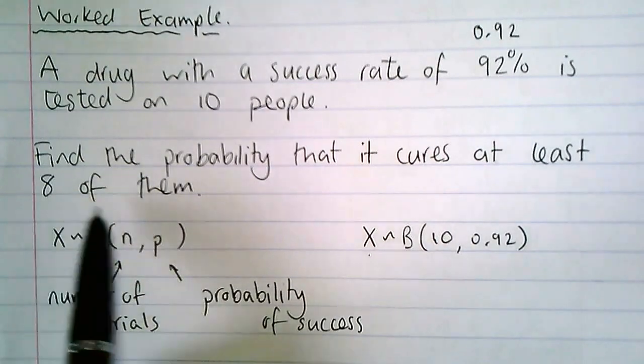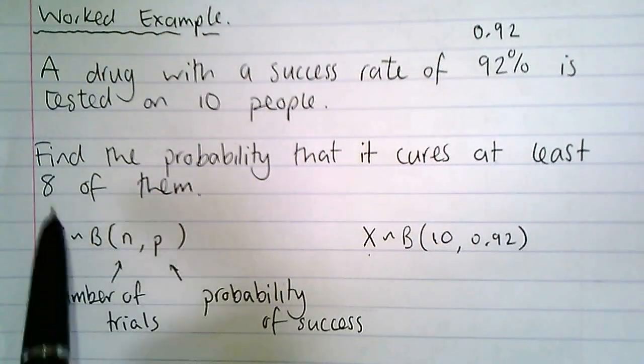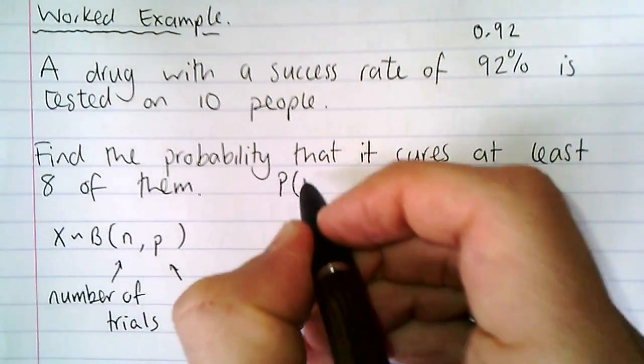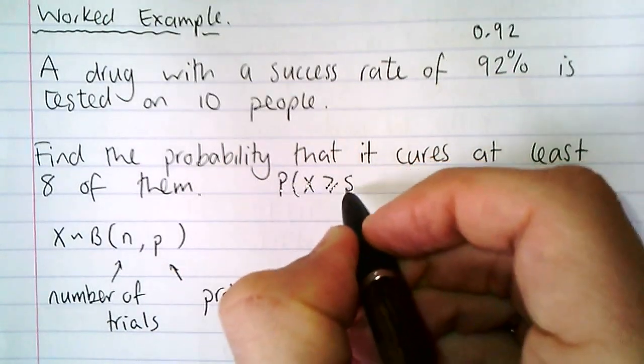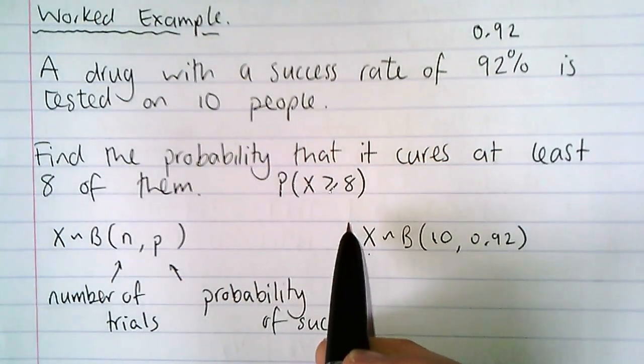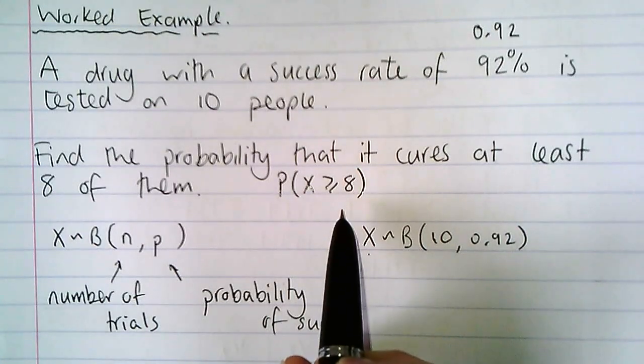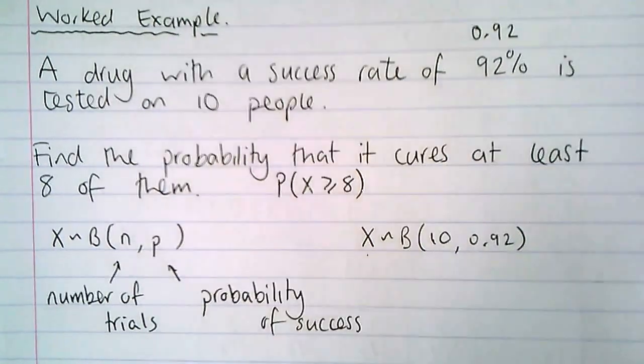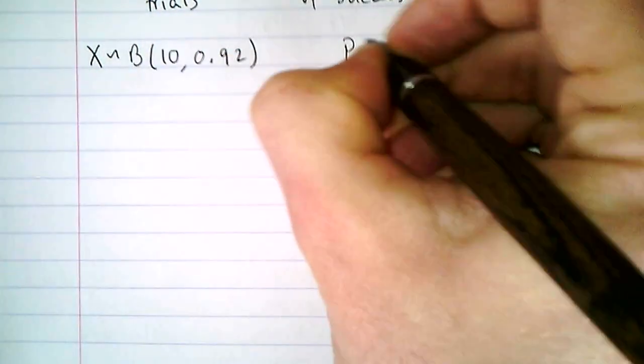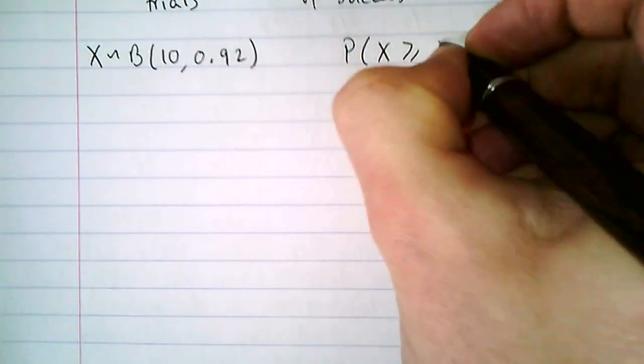The question here is to find the probability that it cures at least 8 of them. So I want the probability that x is at least 8, so it's greater than or equal to 8. So we're going to consider in a moment what that means in terms of the probabilities that I need to work out. So I'm just going to shuffle this down. I'm going to rewrite my important piece of information because this is the entire question condensed.